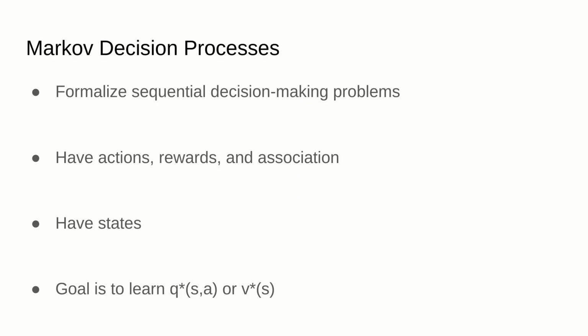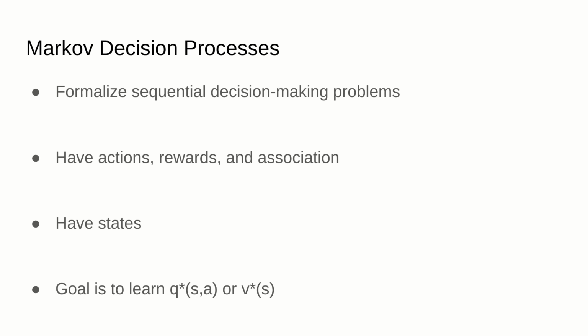Markov decision processes, or MDPs, have actions and rewards that we're already familiar with from the multi-arm bandits problem. They also have the associative aspect discussed at the end of the last video. There's also one more important addition, which is the concept of states. In MDPs, actions that the agent takes do not just determine reward, but also influence the next state that the agent enters.